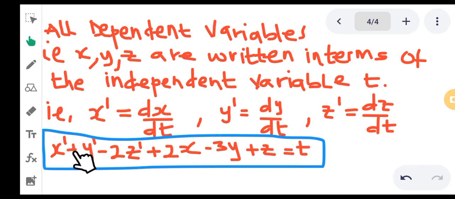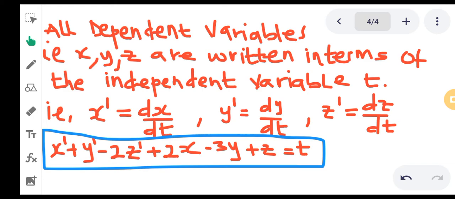For example, this is a system of linear differential equations: x prime plus y prime minus 2z prime plus 2x minus 3y plus z is equal to t. All the conditions are satisfied, and the dependent variables are x, y, and z.